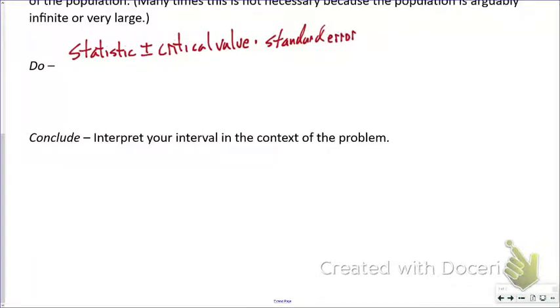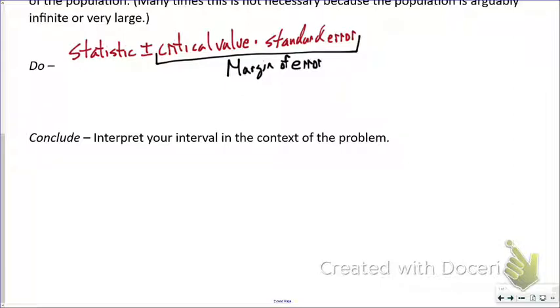And off of what I talked about last week, this portion is called the margin of error. I mentioned that last week. So if you multiply the critical value and the standard error by each other, you get the margin of error.